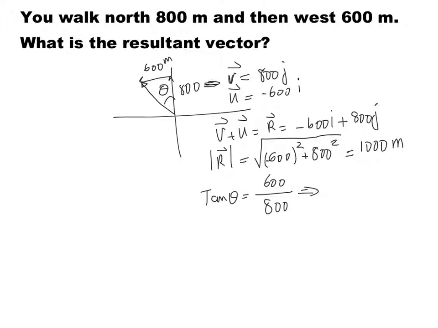If we find theta here, theta is going to be about 37 degrees. So the resultant again is going to be 1000 north 37 degrees west. Again, as you can see, using the component method is much easier and straightforward.